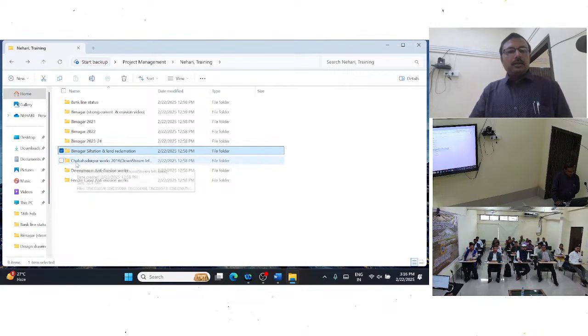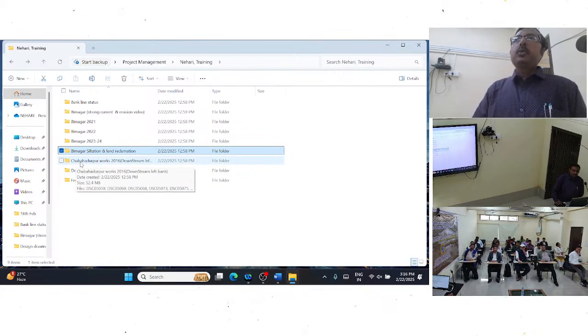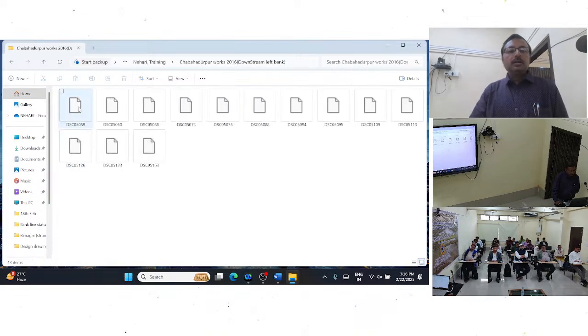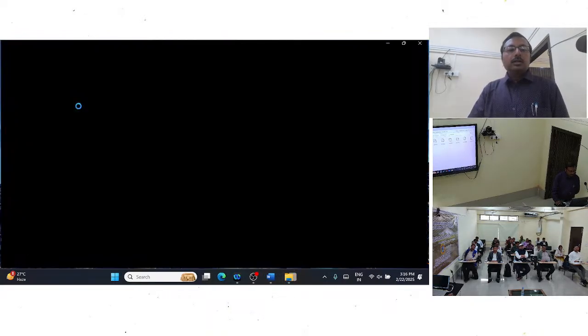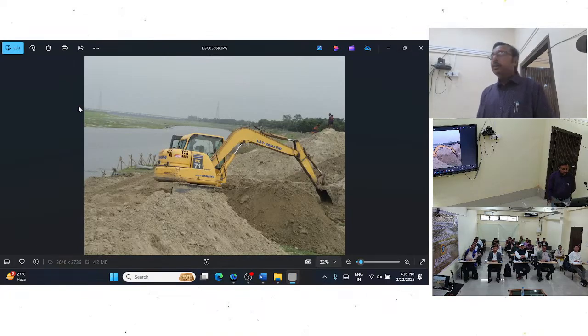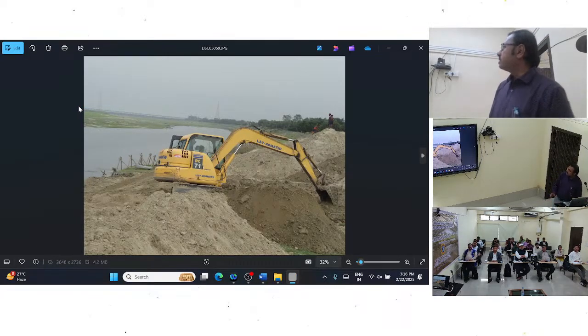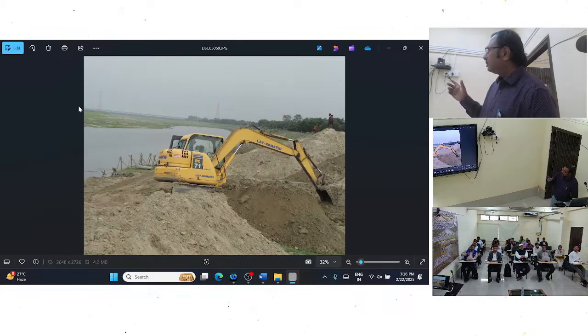Now I am showing you certain works of the downstream portion, downstream of the barrage, which we did carry out in 2016. There was a need for a drainage channel, and this was excavated.